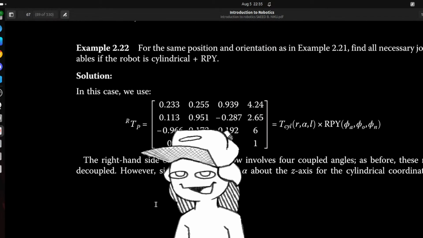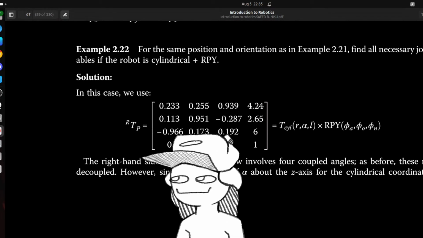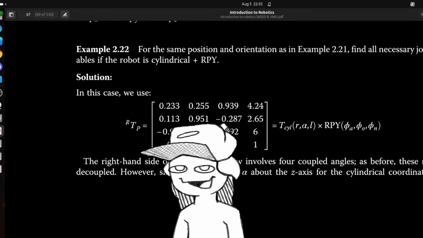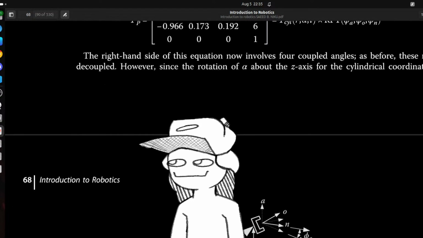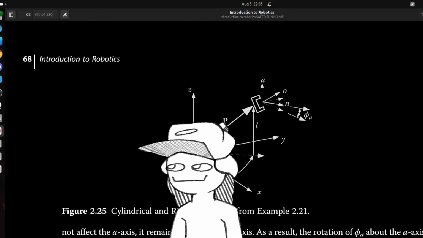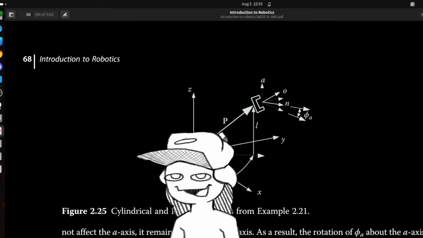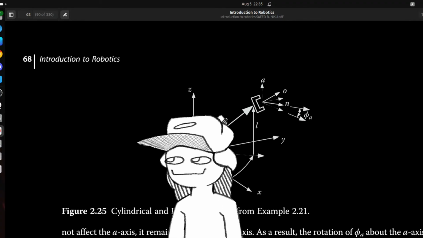Now it makes sense, kind of. Alpha about the z-axis does not affect the a-axis. I guess, yeah.